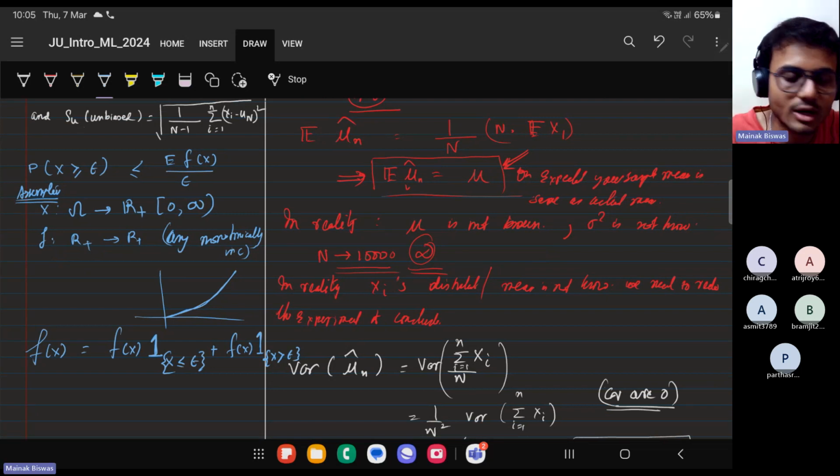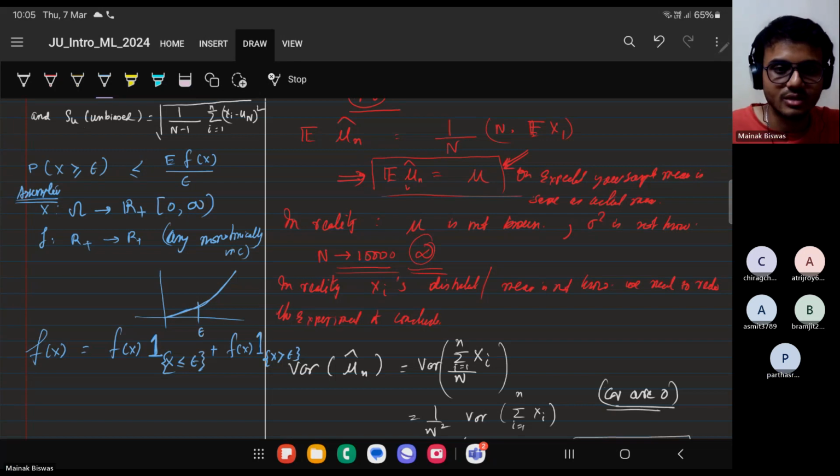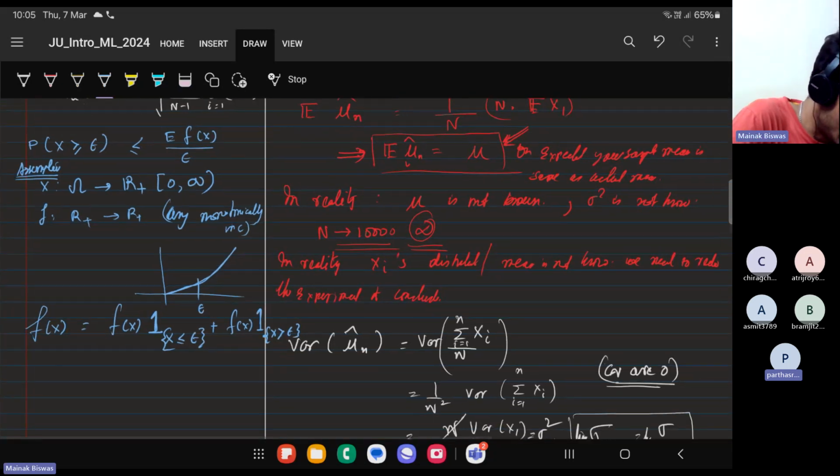You may ask me why I am doing this. What I am doing is taking an indicator. If x is less than or equal to epsilon, then the indicator of that is 1, otherwise it is 0.